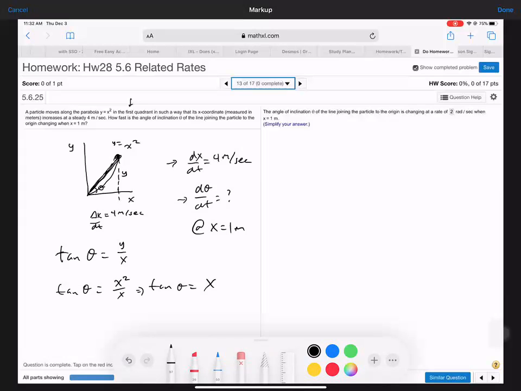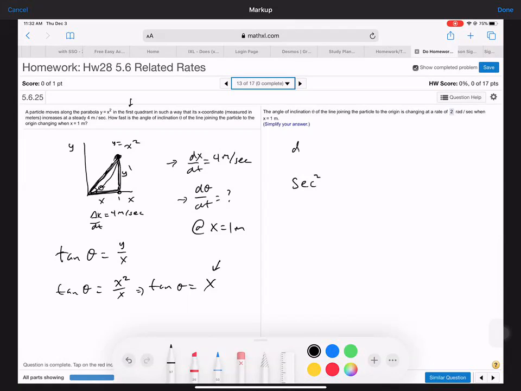So where x is, that's going to be my x value, and x squared is going to be my y value. That's always what the triangle is going to be, right? If this is x, this is x squared. I'm going to follow that pattern. So all we have to do now is take the derivative with relationship to t. The derivative of tangent is secant squared.